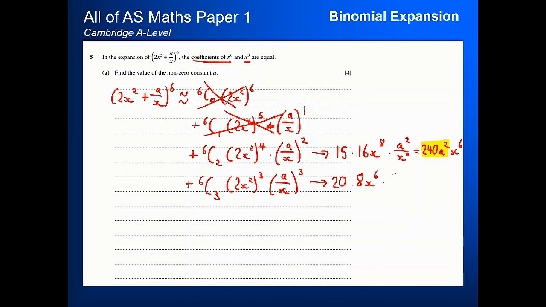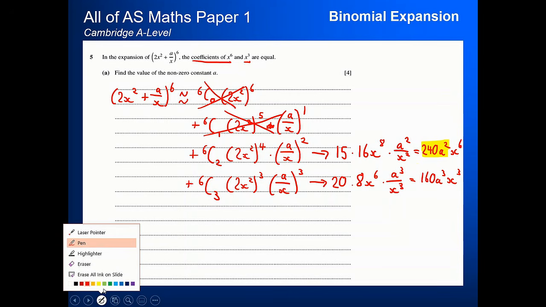And then we get a cubed over x cubed. Let's see what we're left with. 8 times 20 is 160, so we get 160 a cubed, and x to the power of 6 divided by x to the power of 3 is x to the power of 3, which is what we wanted. So these are the two coefficients we're going to be looking at.